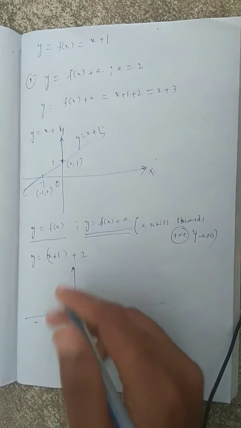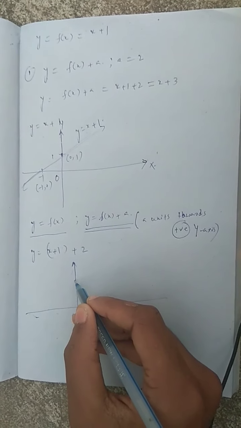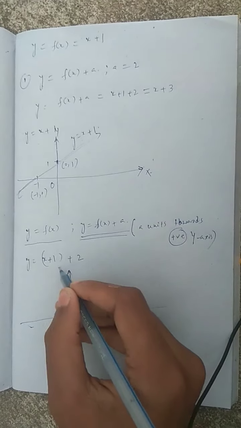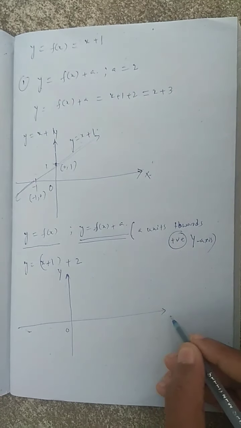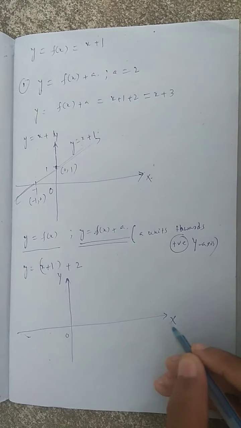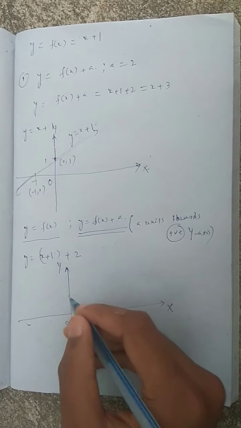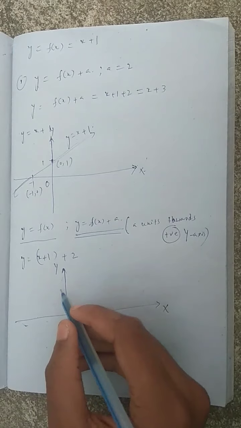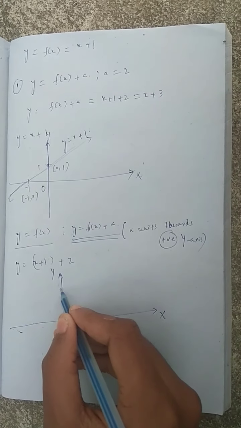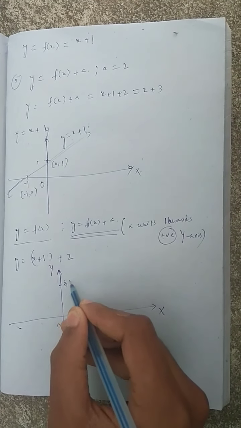When we transform this graph by 2 units towards positive y-axis, the y-intercept will go to 0, 3.